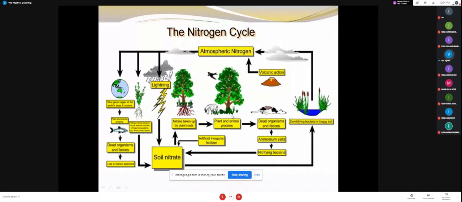And they are taken up by the plant roots and converted into plant and animal proteins. So similar to the marine environment, here also nitrate is taken up and it is recycled back by conversion into ammonium salts, and then nitrifying bacteria act upon them to convert it back to the soil nitrates. Okay. And also we have artificial inorganic fertilizers which have nitrogen, so that is also deposited in the soil.